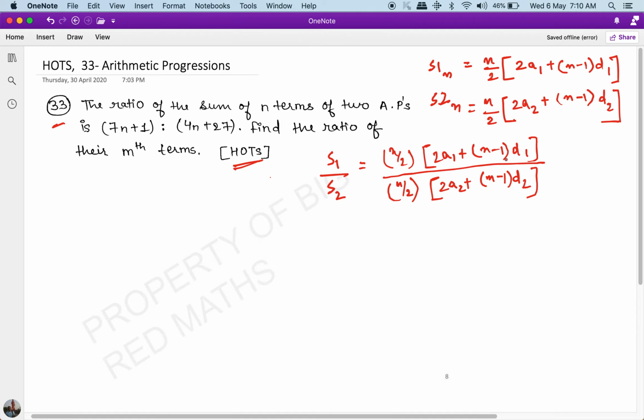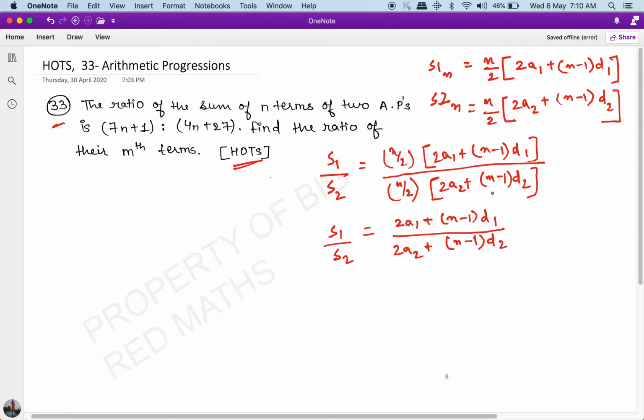If you solve this further, S1 upon S2 is equal to 2a1 plus n minus 1 into d1 divided by 2a2 plus n minus 1 into d2.